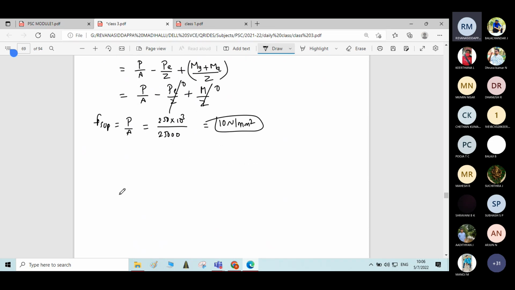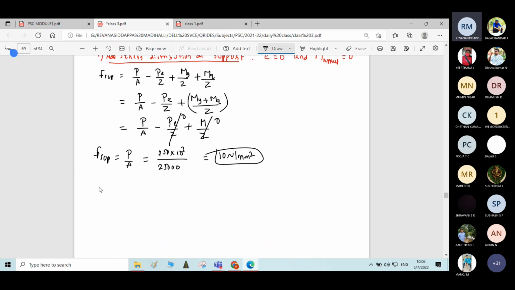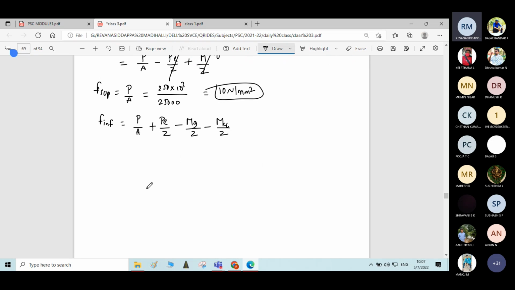Similarly, we have the formula for F inferior. What is the formula? P by A plus P e by Z minus Mg by Z minus Mq by Z. Here also, by simplification, finally you will get P by A plus P e by Z minus M by Z, where M is the sum of Mg plus Mq.